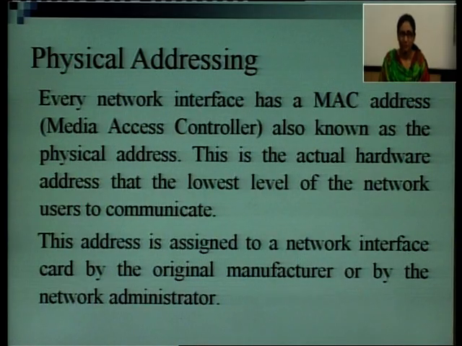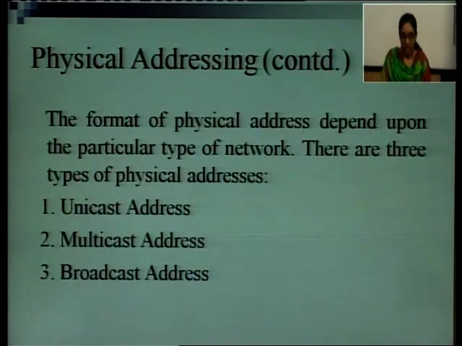Using this physical address we can only communicate within a small network. This address is basically assigned to the network interface card by the original manufacturer or by the network administrator. So the physical address is the MAC address.